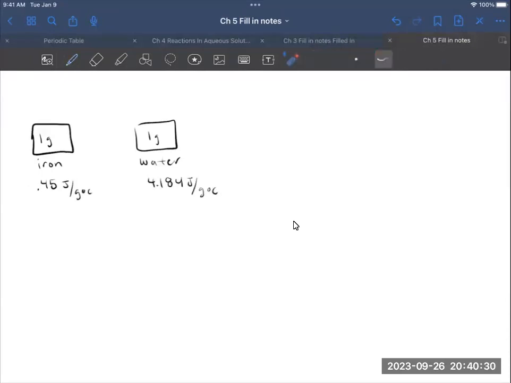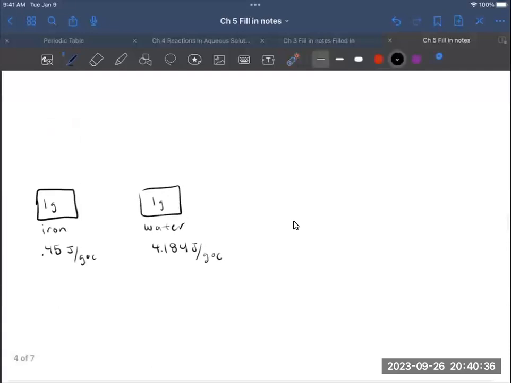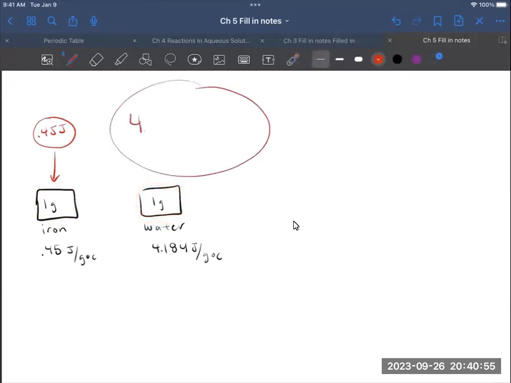Let's say I want to raise the temperature of this gram of iron by 1 degree Celsius. How much heat do I have to add to it? Well, I have to add a total of 0.45 joules of heat to raise this 1 gram of iron by 1 degree Celsius. Meanwhile, if I want to raise the temperature of 1 gram of water by 1 degree Celsius, I have to add all of this heat, 4.184 joules of heat into the sample.